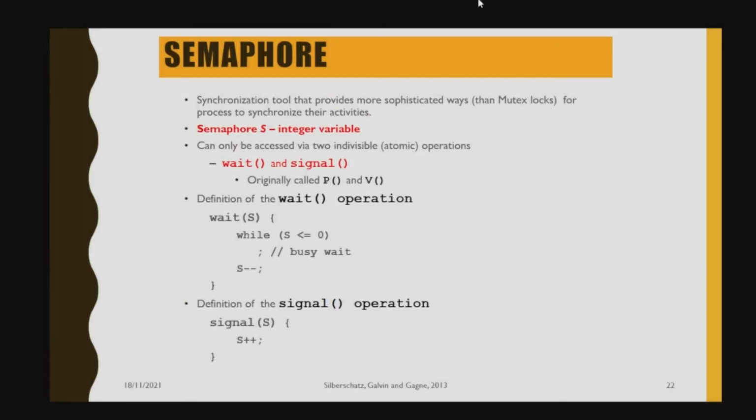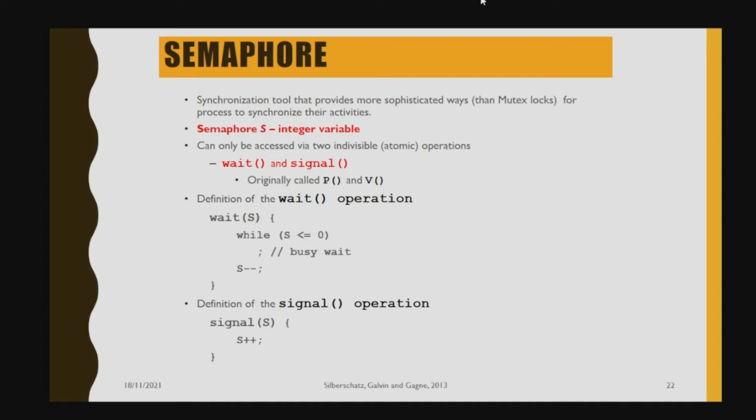Let's look at the semaphore. It is a synchronization tool that provides a more sophisticated way than mutex locks for processes to synchronize their activities. All the activities that we talk about are in threads. A semaphore is an integer variable, as I mentioned: the semaphore is the variable, the mutex is the object.